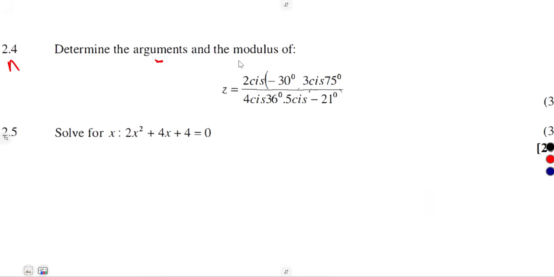2.4: Determine the argument and the modulus. So remember, if we write r cis theta, we have our modulus and the argument. We had to simplify this so that we are left with a single term of a polar number.